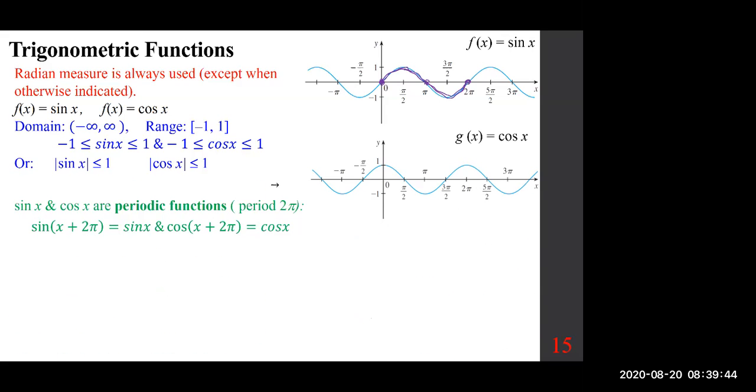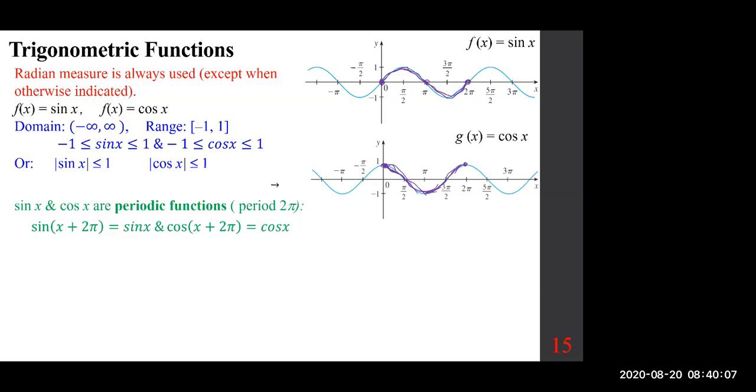If you look at cosine, here's the basic function, again from 0 to 2 pi. And the domain is the same thing.